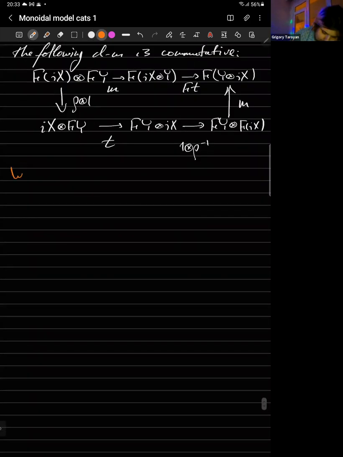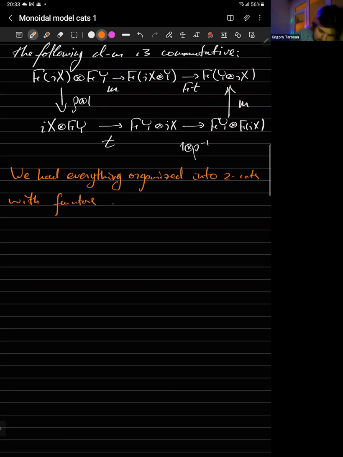So we had everything organized into 2-categories with functors as 1-morphisms and natural transformations as 2-morphisms.